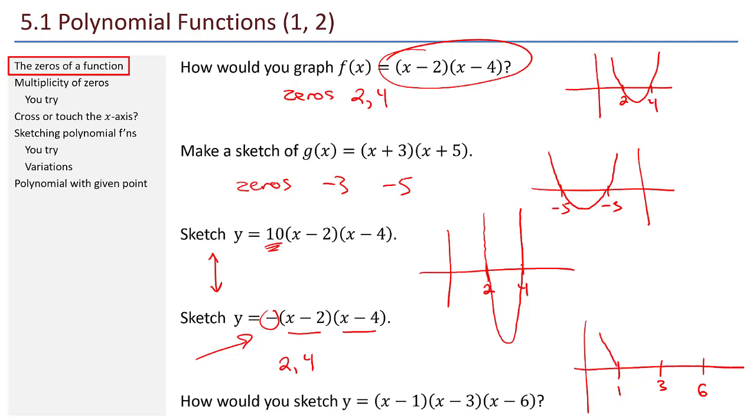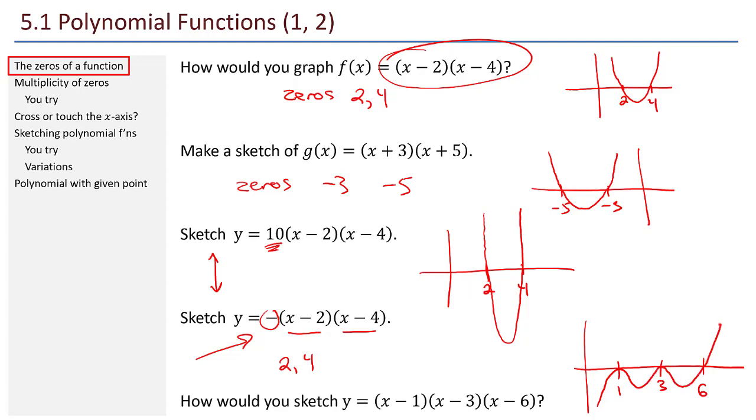It might pass through the 1 and then up to the 3 and down through the 6. Or it might come up from the bottom through the 1, down through the 3 and up through the 6. Or it might just come down and touch the 1 and then maybe pass through the 3 and up through the 6. Or comes up and then touches there, then goes through.